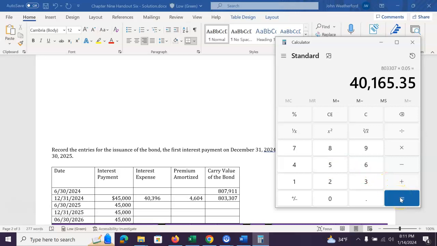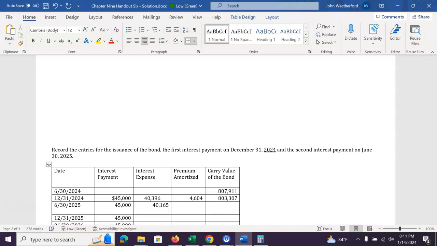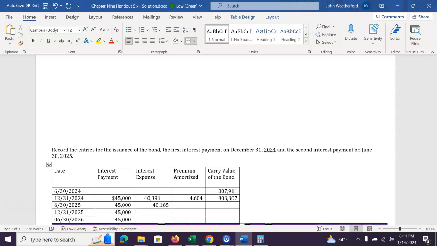So our new interest expense number for June 30th, 2025 is $40,165. Okay, the amount of premium amortized will be the difference in the interest payment and interest expense, and that's going to be $4,835.